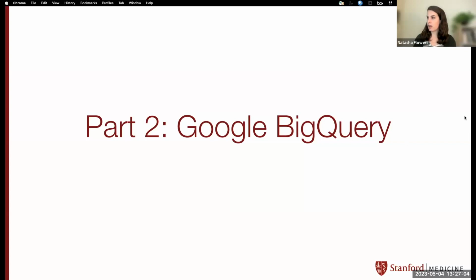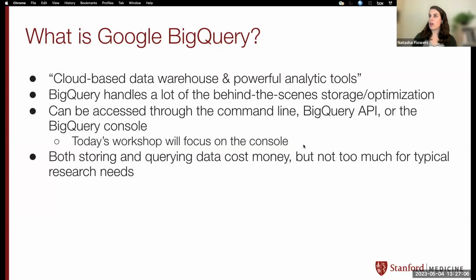Okay, awesome. So what is Google BigQuery? I Googled this when I was first making this slide because I didn't know how to describe what Google BigQuery is. According to Google, it is a cloud-based data warehouse and a set of powerful analytic tools.